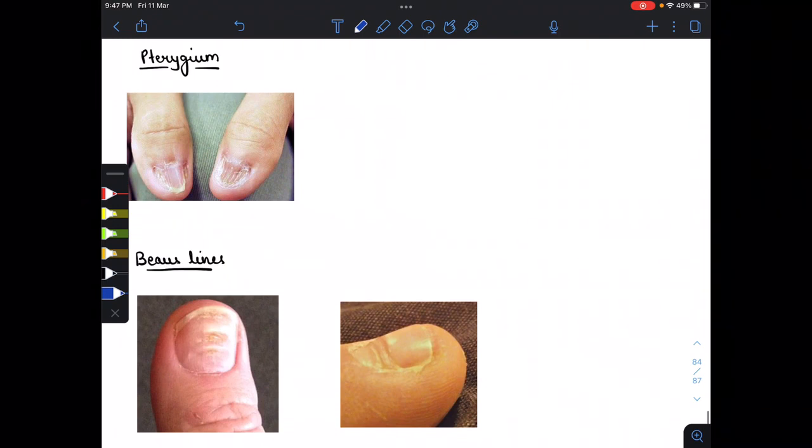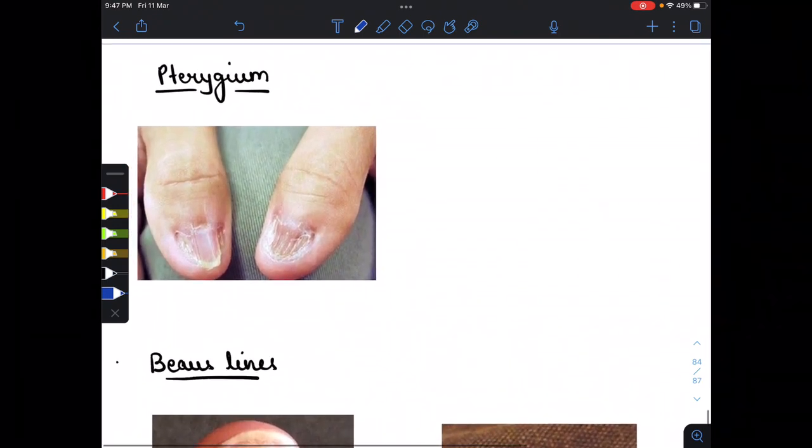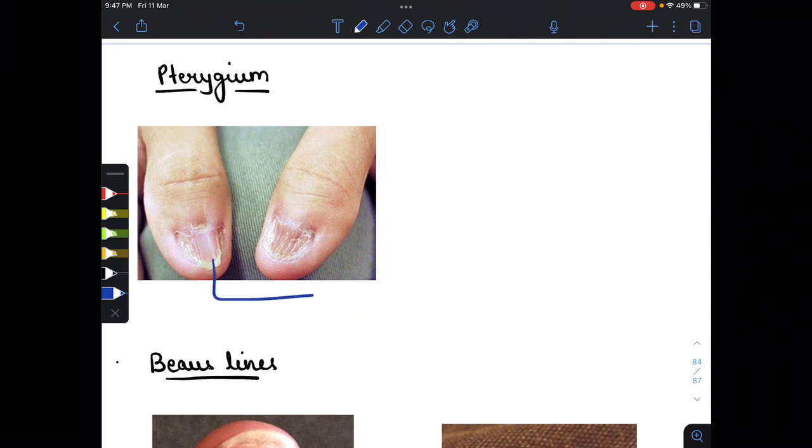Now the next one, that is pterygium. In pterygium, what we see is a wing-shaped fold. So when we see a wing-shaped fold, that is pterygium, and it attaches the proximal nail fold to the nail bed.